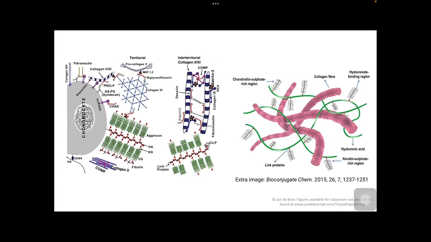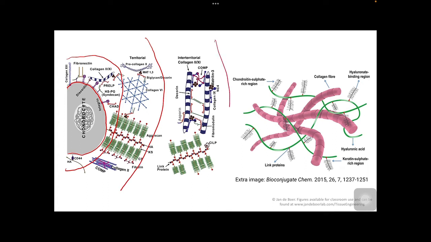About the specifics of the extracellular matrix: the extracellular matrix is everything that is outside of the cell. Here we have a nice figure of the chondrocyte membrane, and how the chondrocyte is in contact with the extracellular matrix.